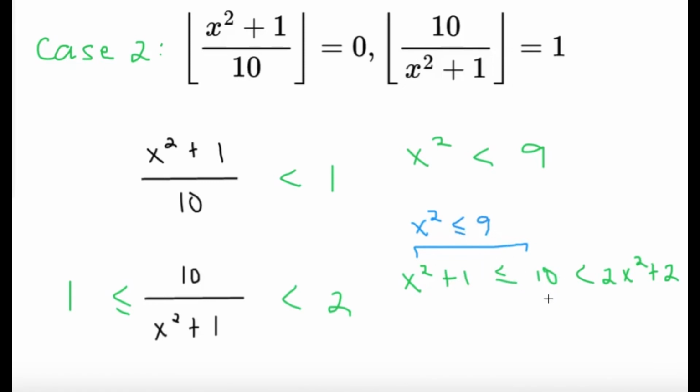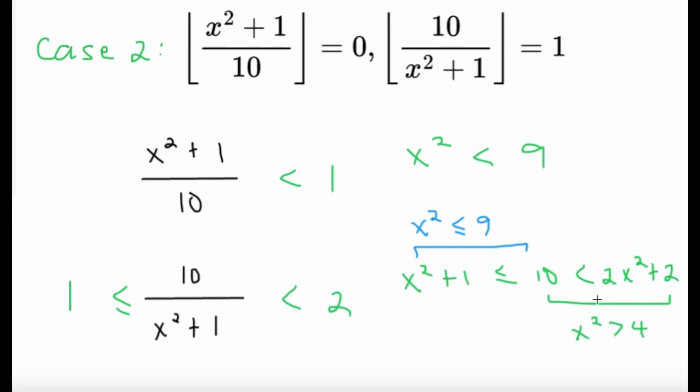And then in the second part here, 2x squared plus 2 is greater than 10, so that's just going to give me 2x squared greater than 8, which is going to give me x squared greater than 4.